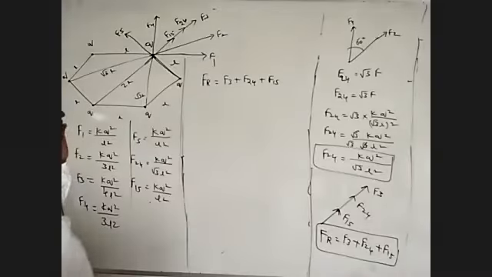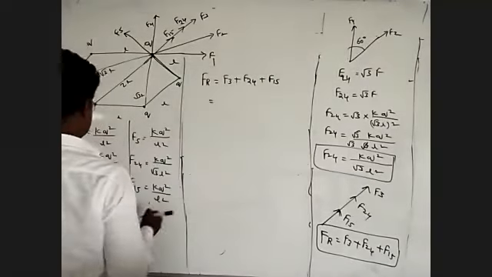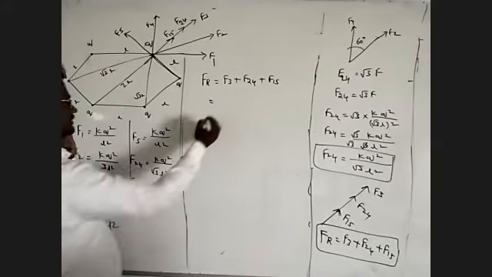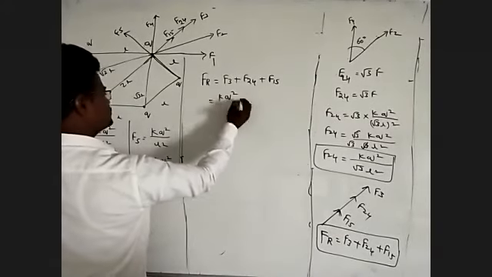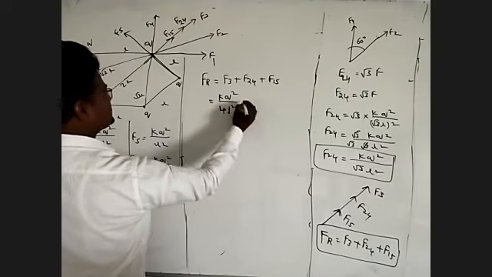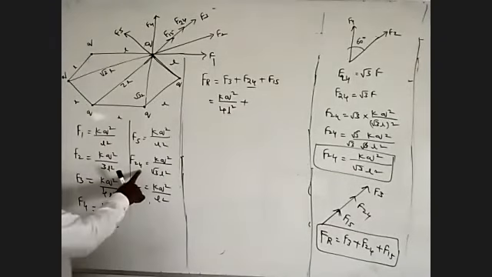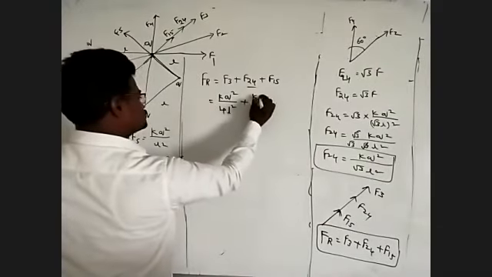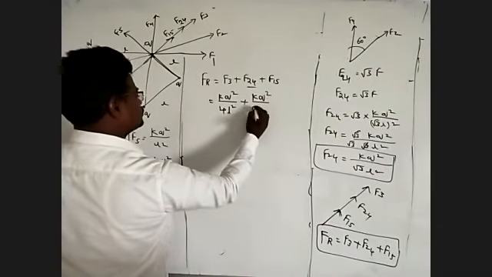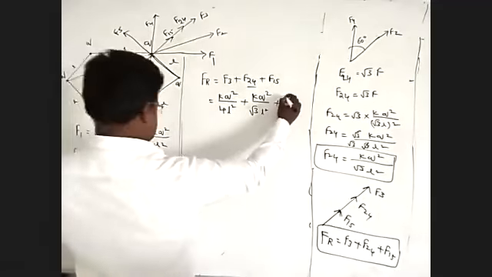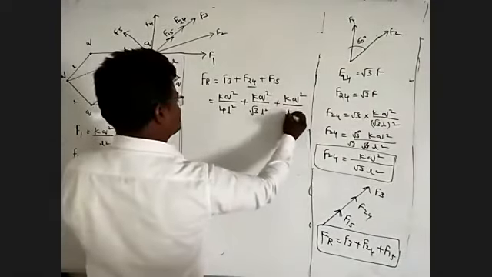So what is the F3 value? F3 is K into Q squared by 4L squared, plus the F24 value, K into Q squared by root 3 L squared, plus F15, KQ squared by L squared.